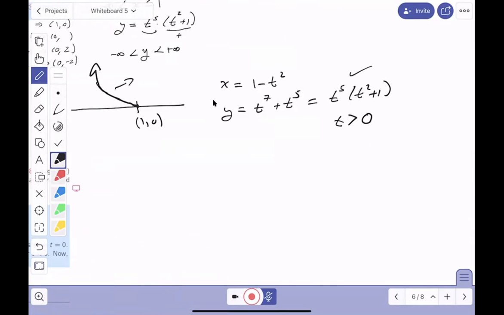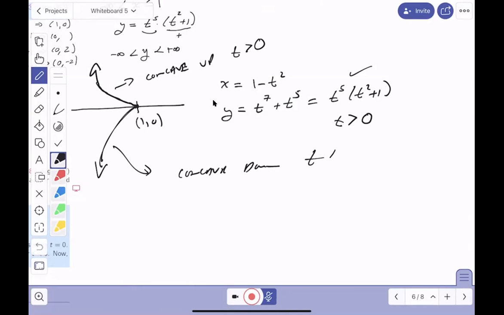So it's concave up for t greater than 0. Where's it concave down? Well, this portion over here is when t is less than 0. Concave down when t is less than 0.